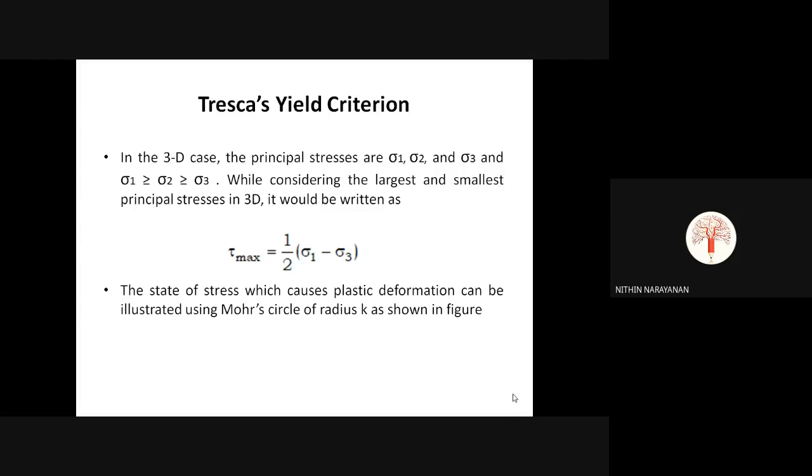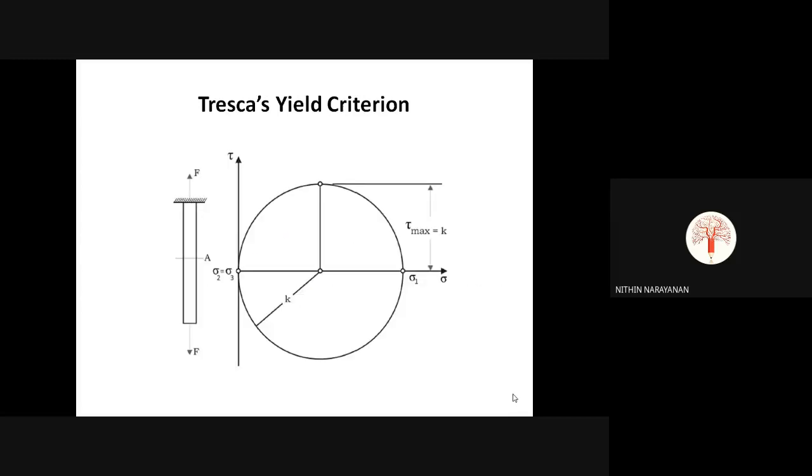That means tau max will be equal to 1 by 2 of sigma 1 minus sigma 3. The state of stress which causes plastic deformation can be illustrated using a Mohr circle. We can represent it with a Mohr circle, and the figure is shown here. Learn the hexagon and how to draw it; this is its Mohr circle.